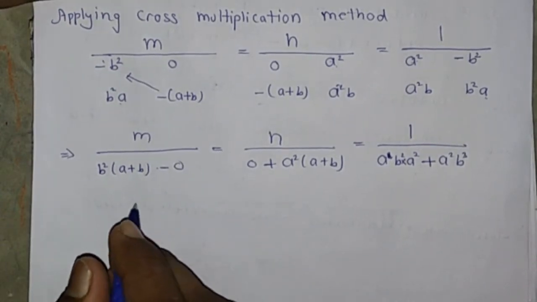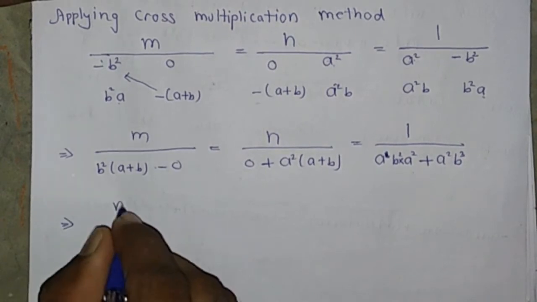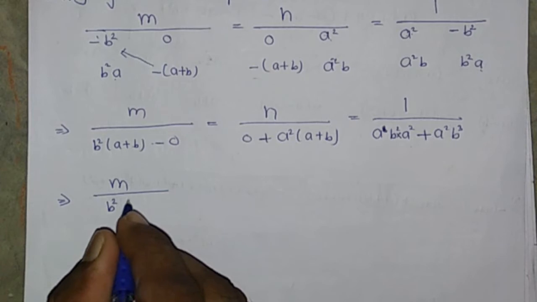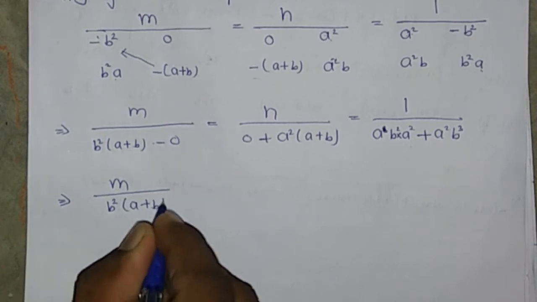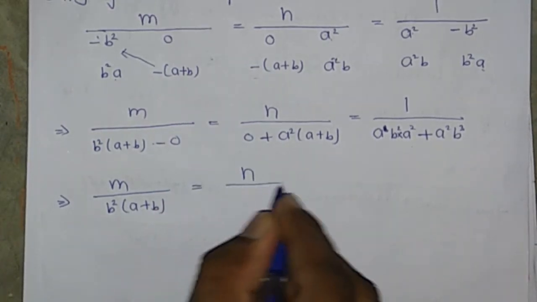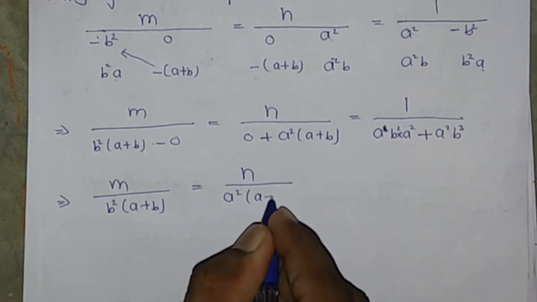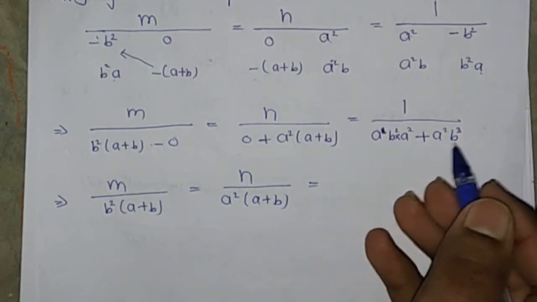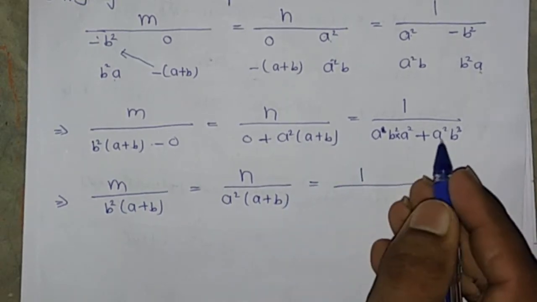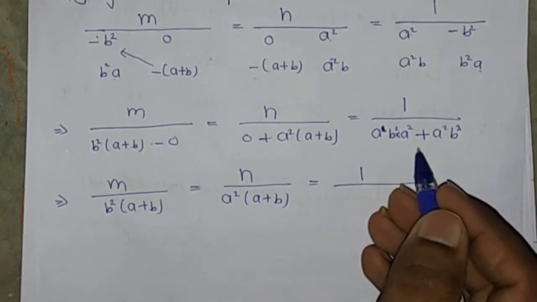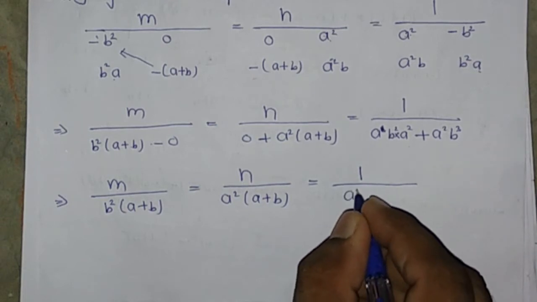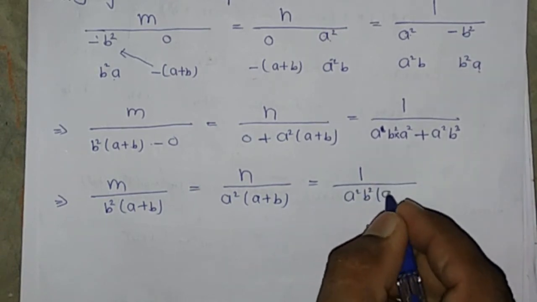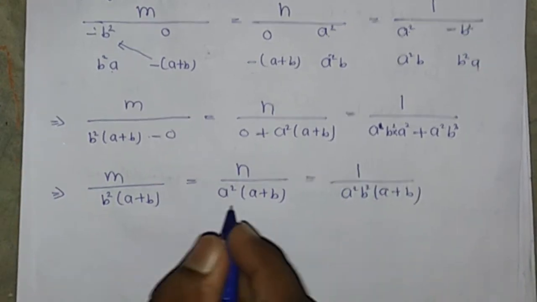Then we have m by b square into a plus b, n by a square into a plus b, and it is equal to 1 by a square b square common. We have a square b square common, then a plus b.